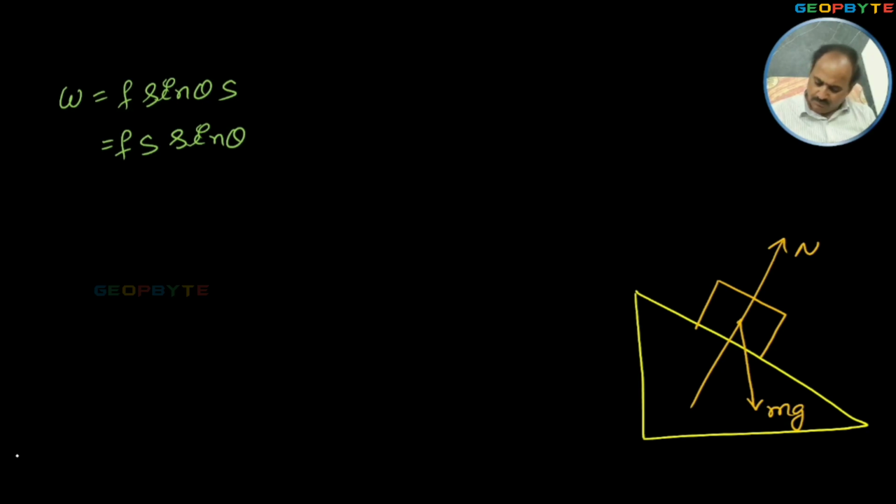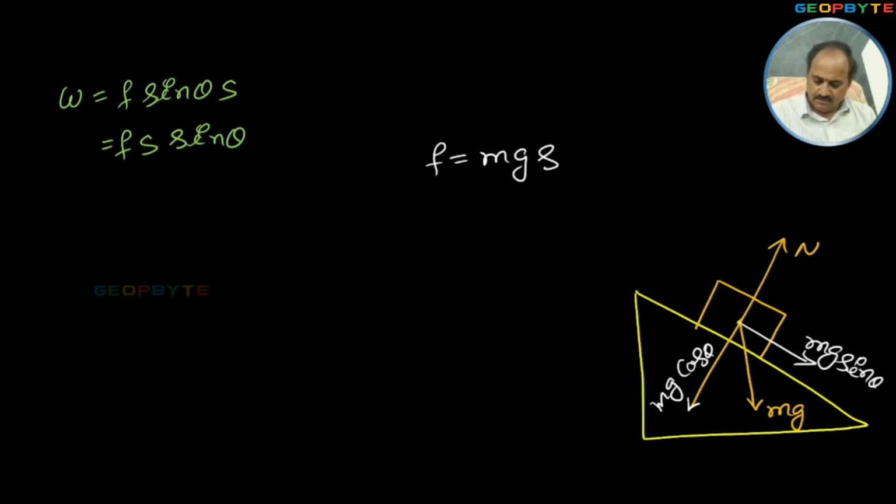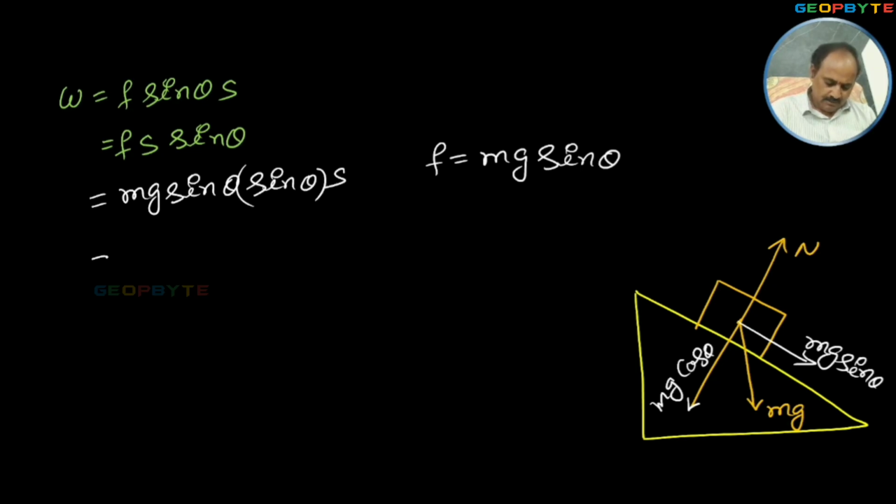Then it is developing two components of weight: mg cos theta and mg sin theta. Right? That means here F equal to mg sin theta. In the place of F, I can write mg sin theta. Mg sin theta into sin theta into S. It is written as mg sin square theta into S.